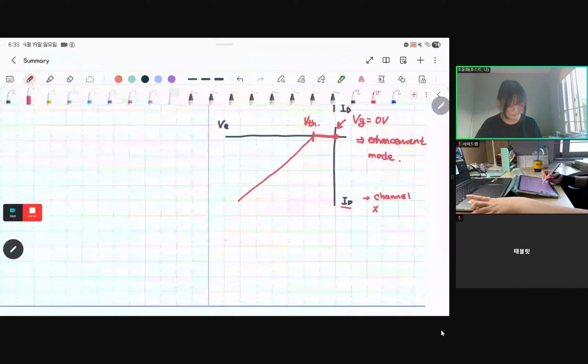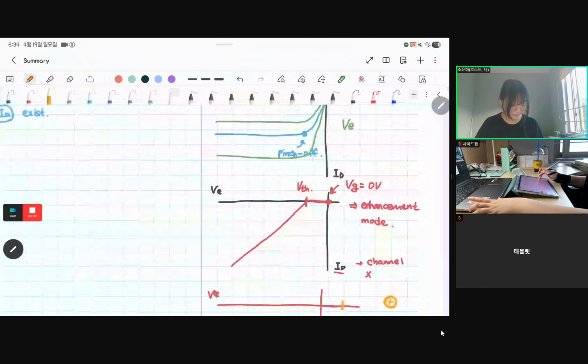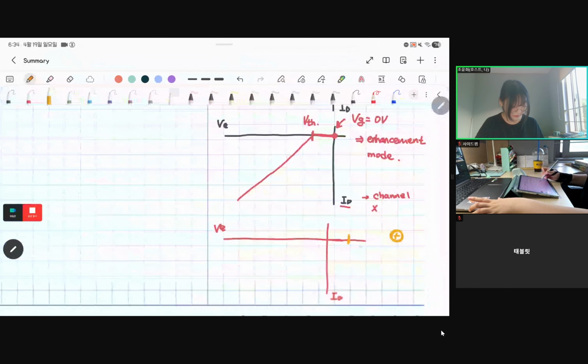But when the threshold voltage is negative in this state, the ID-VG characteristic is drawn like this.